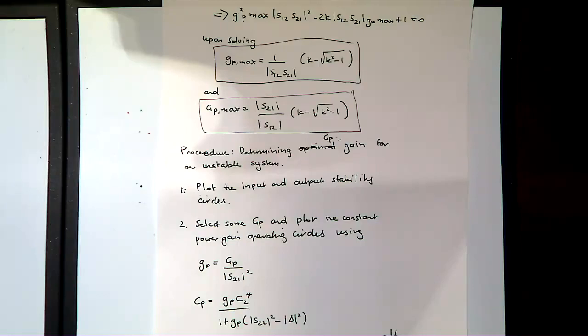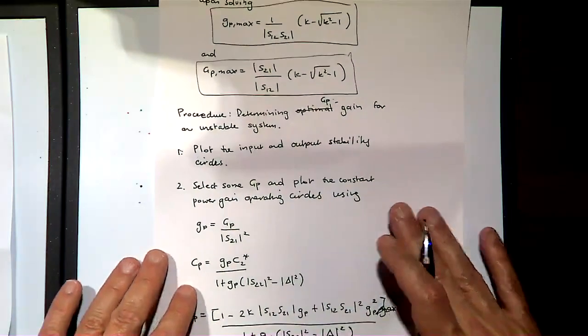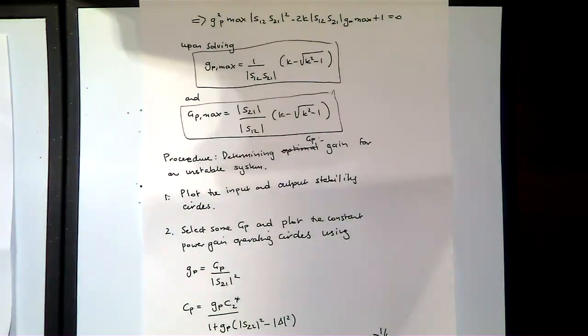What do we have to worry about? This is stability circles, guys. We draw the center and the radius, and then we have to work out which region is stable.